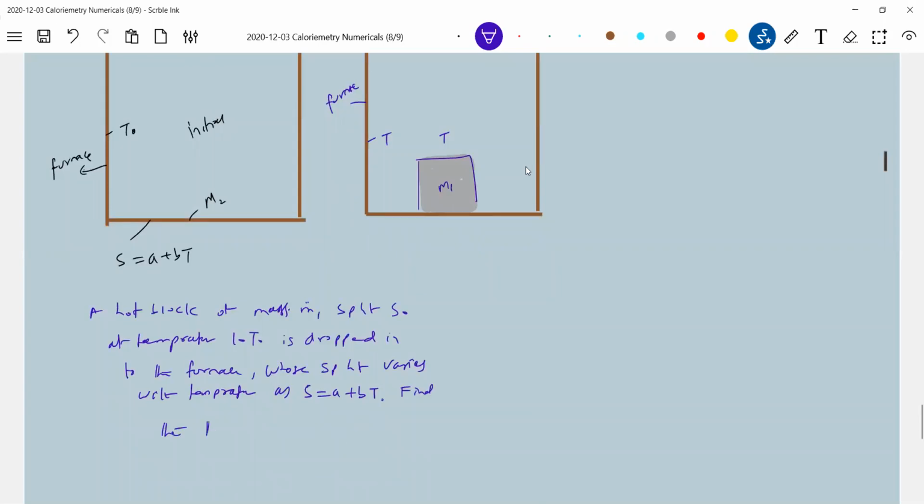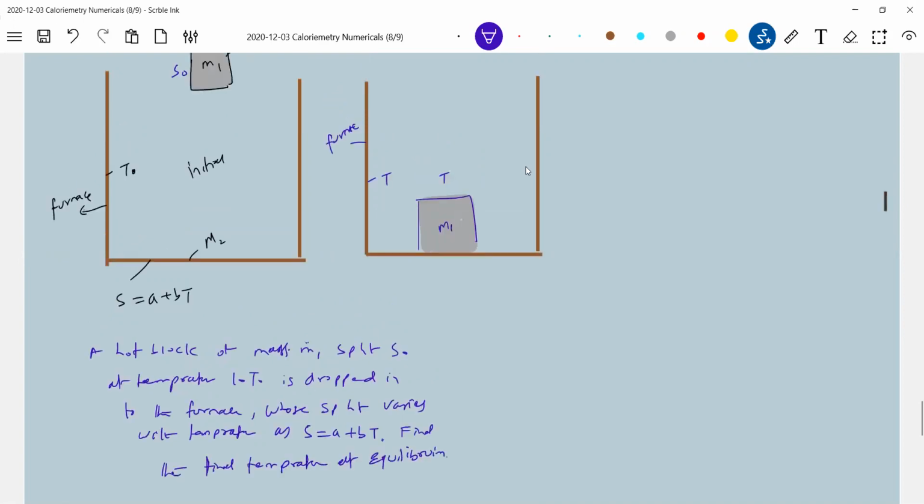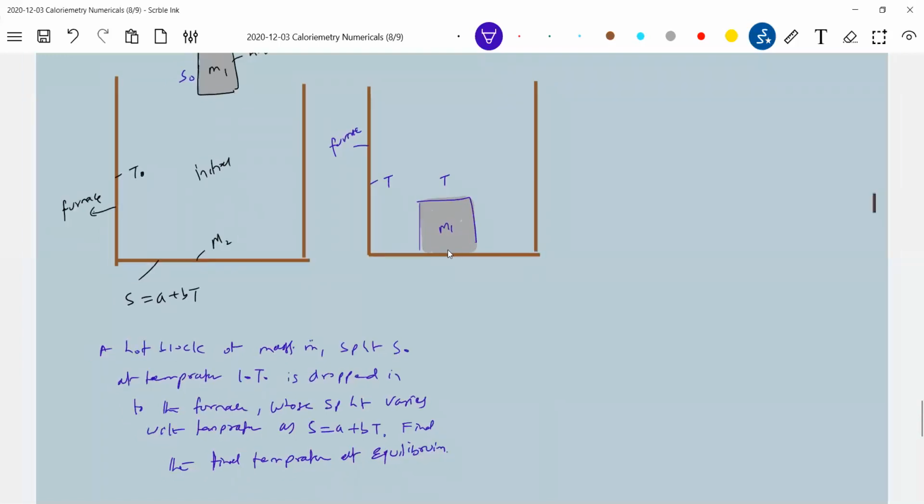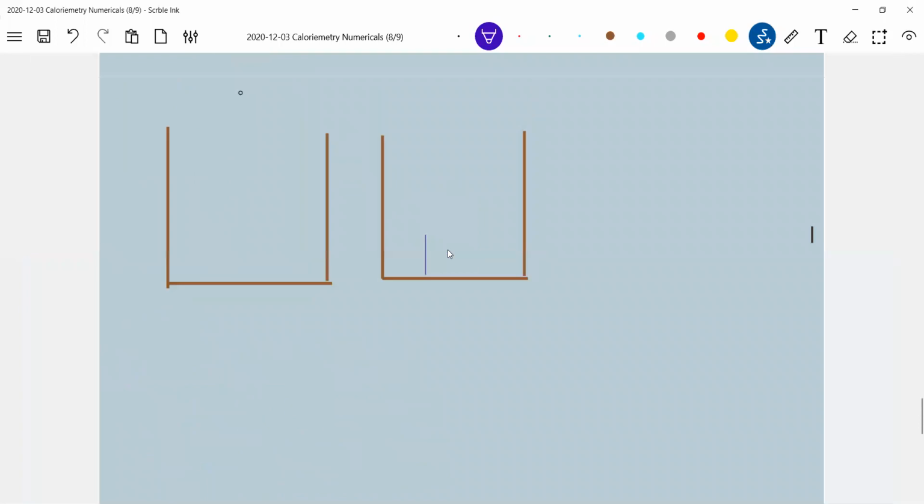Find the final temperature at equilibrium. Mass of the block, mass of the furnace, everything is given. How to do this? Specific heat is varying.